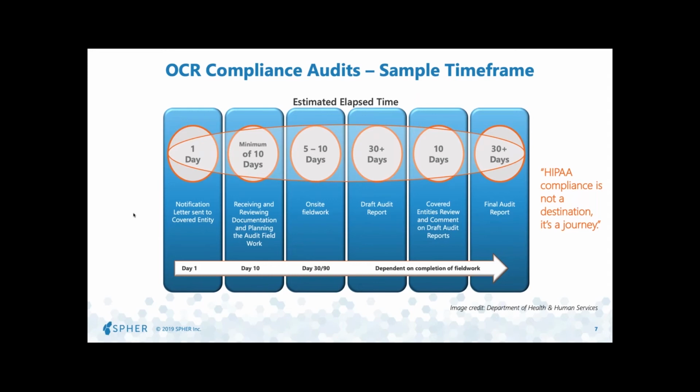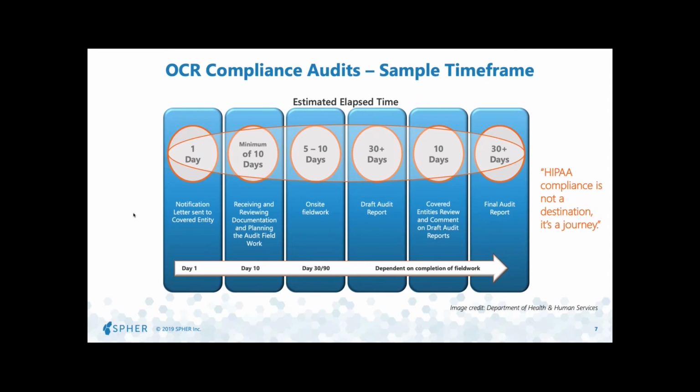You can see where it gets started, and you can see how long it takes there. The draft audit report says 30 plus days. The final audit report says 30 plus days. I found that can be drawn out significantly depending on the number of corrective actions that are assigned to your organization. So if there's quite a bit of work that needs to be done, then you might add on months and months to each of those components.